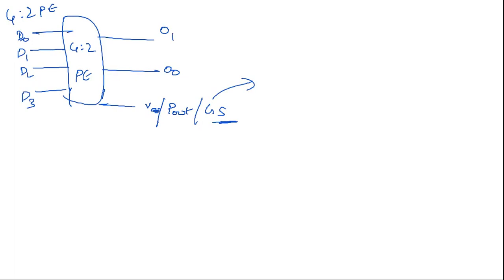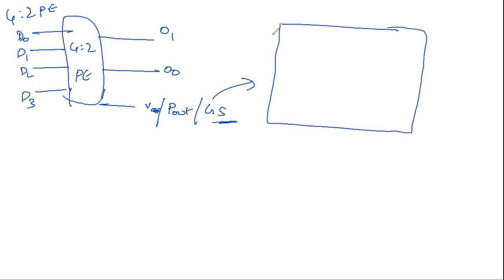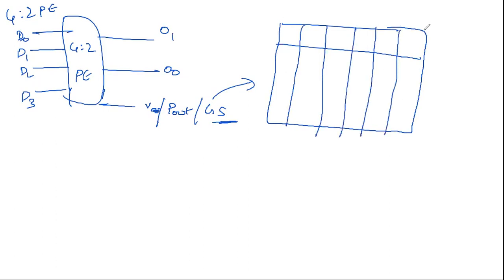Now I am writing the truth table. We have three outputs, right? So D0, D1, D2, D3, and O1, O0 and GS, or V, or P out. That is your wish.